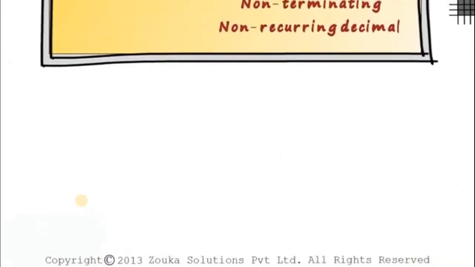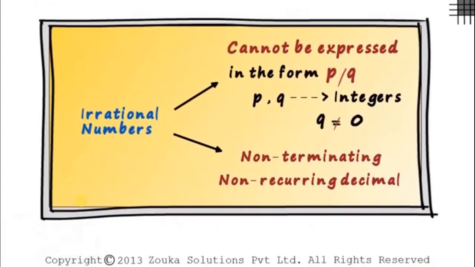So let us review our lesson for today. Irrational numbers cannot be expressed in the form of p over q, or a fraction, wherein p and q are integers and q is not equal to 0.